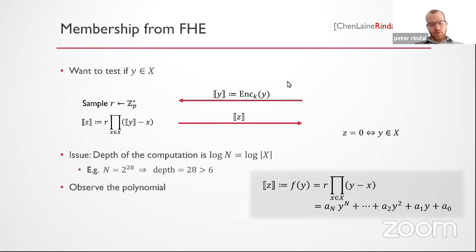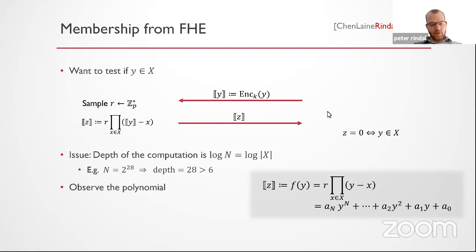So the first thing we need to do to get around this is change how we're looking at this, and observe that this computation can be written as a normal polynomial as a function of the set X. So we can take the set X and expand it in its polynomial form to get these coefficients A0 through AN, which are a function of X. And then we can simply evaluate the polynomial.